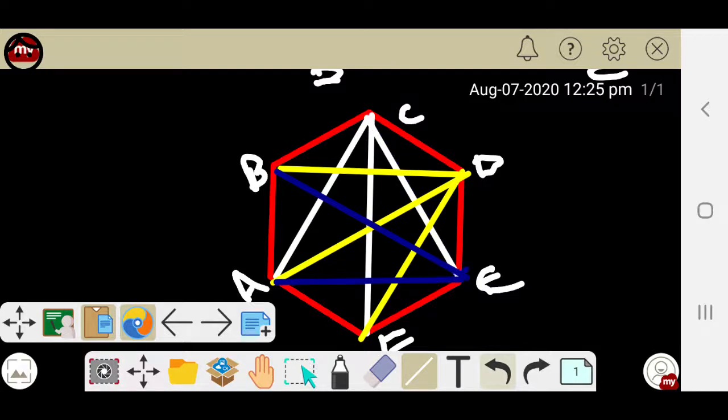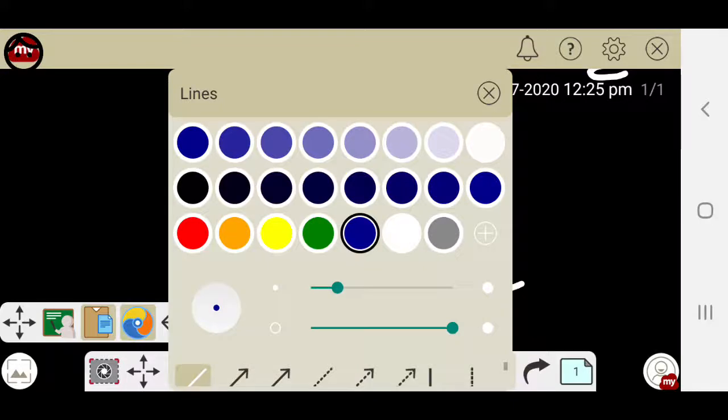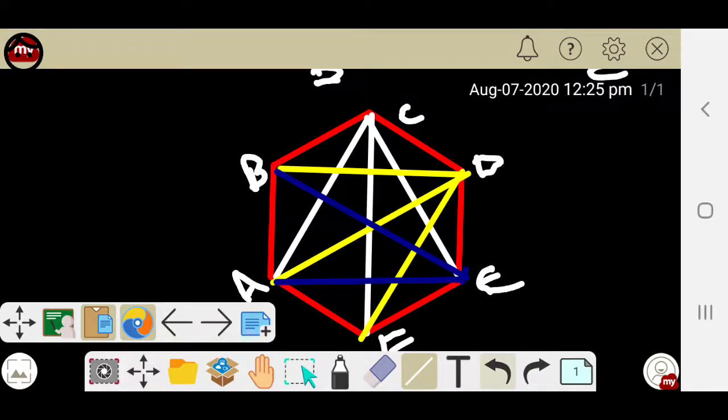The rest are already there, so only this much is possible. Then from F, the rest are already drawn. We can draw this much only. So how many diagonals are there? Total 9. For a regular hexagon, we can draw 9 diagonals.